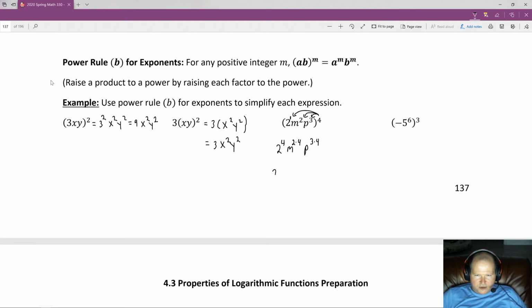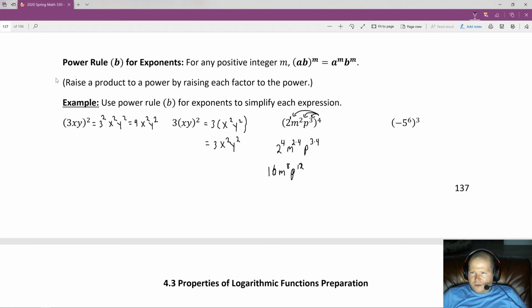And that gives me, well, 2 to the 4th power is simply 16, because 2 times 2 is 4, times 2 is 8, times 2 is 16. Right? m to the 2 times 4 is going to give you an 8, and p to the 3 times 4 is going to give you a 12.